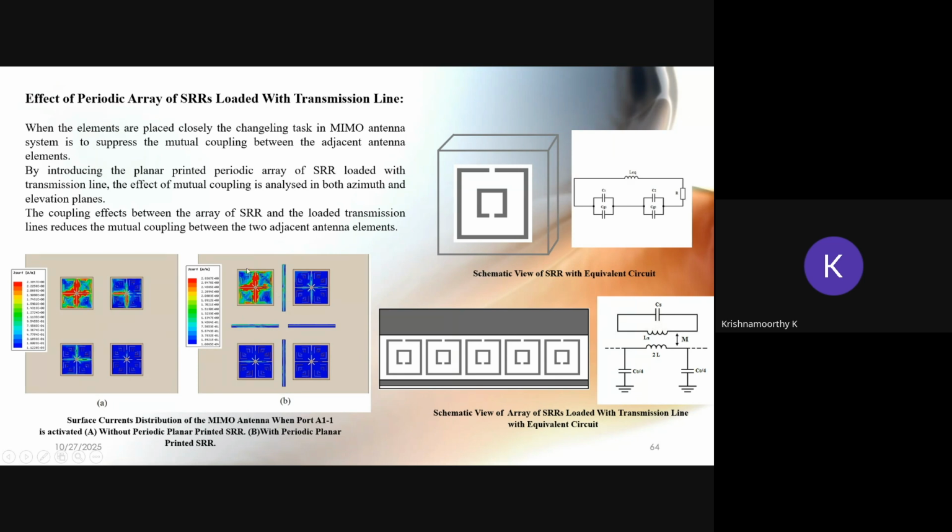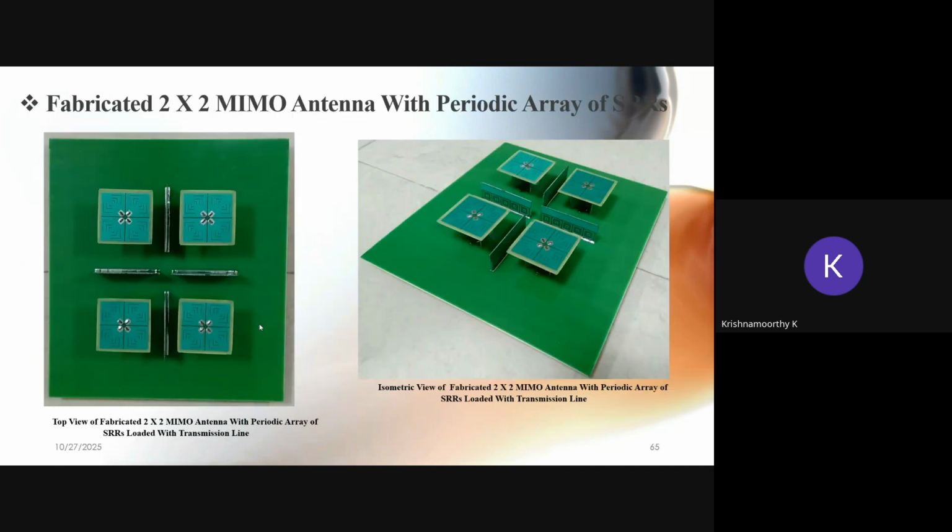When the SRR structure is not there, we have mutual coupling between the adjacent antenna elements. The isolation we can improve by keeping this kind of band stop structure. Then we can improve the isolation between the antenna elements, and so the MIMO antenna characteristics improve. This is the fabricated structure.